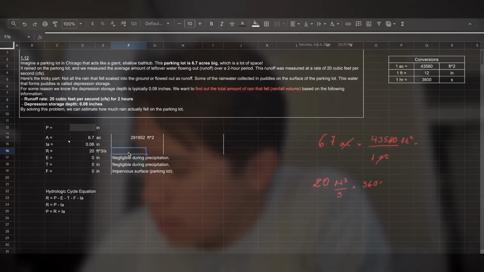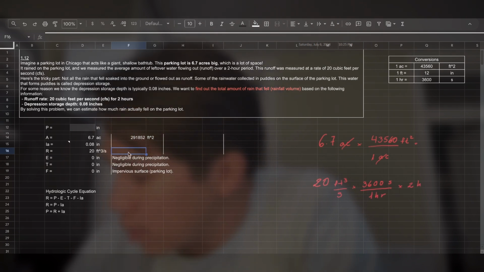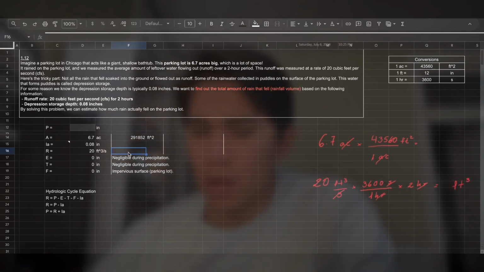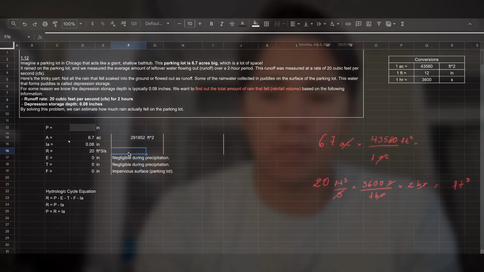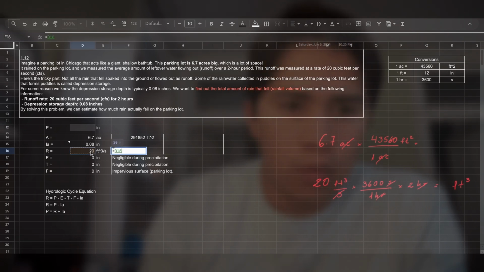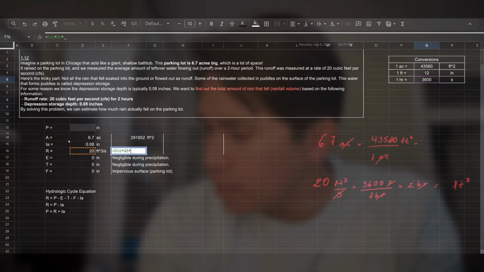There are 3,600 seconds in 1 hour, and the storm lasted 2 hours. So seconds cancel, hours cancel, and we're going to be left with cubic feet, which will be the volume runoff. It will be equal to 20 times 3,600 times 2.